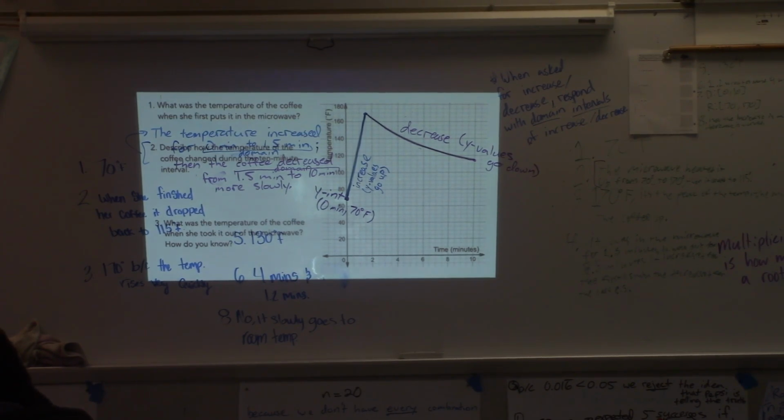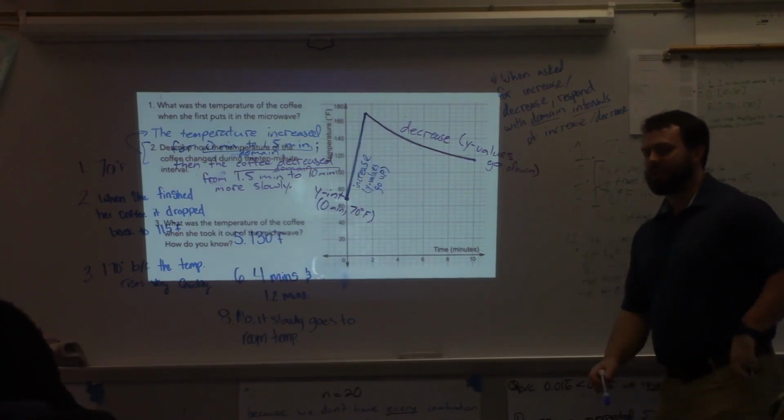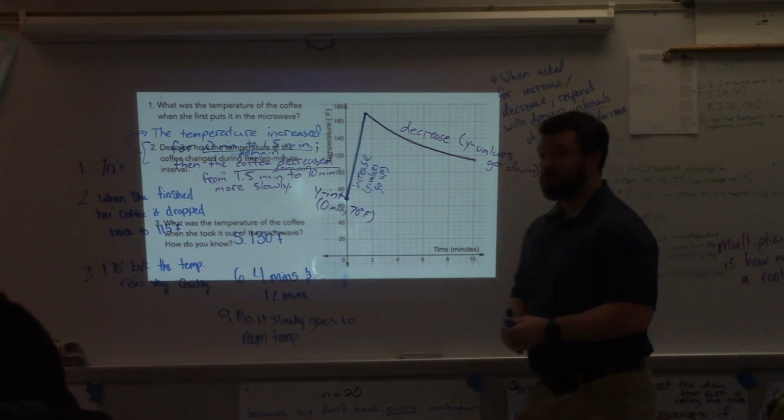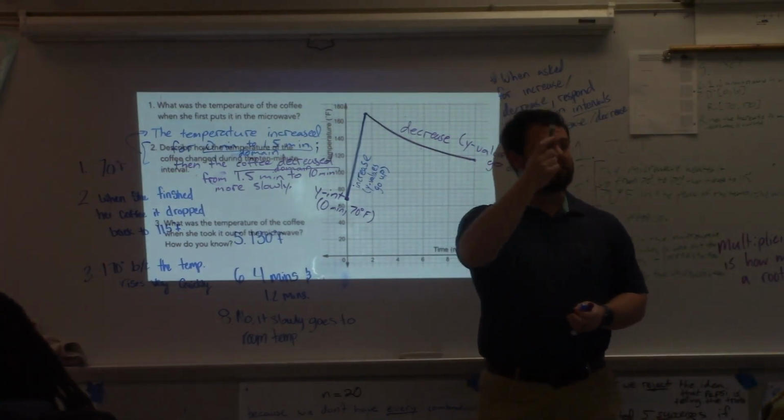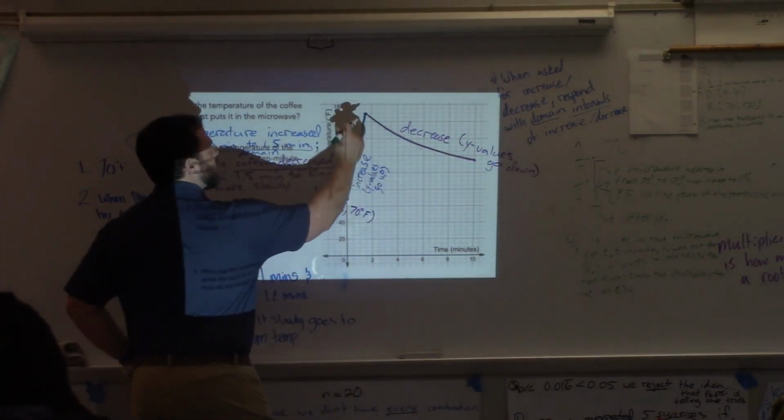All right. So number 3, what was the temperature of the coffee when she took it out of the microwave? 170. How did you know it was 170? Because it's the highest. I need a better term than just the highest. It's the maximum. Remember how I asked for a third color? Because now we need to highlight that maximum.